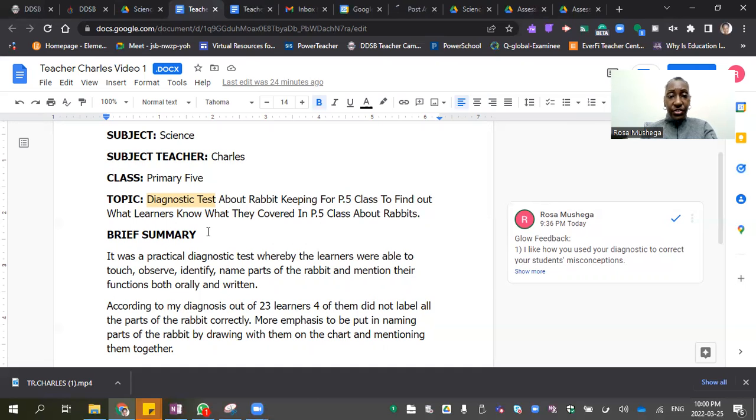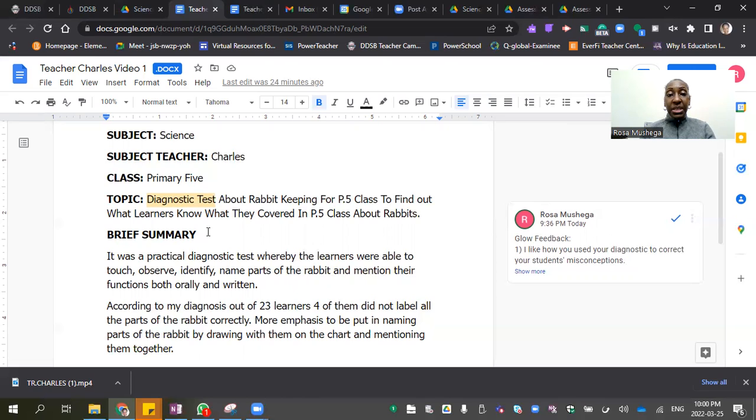Let's look at the questions that were in the diagnostic. It says a practical diagnostic test whereby the learners were able to touch, observe, identify, and name parts of a rabbit and mention their functions both orally and written. Okay, to me, that isn't really about rabbit keeping.